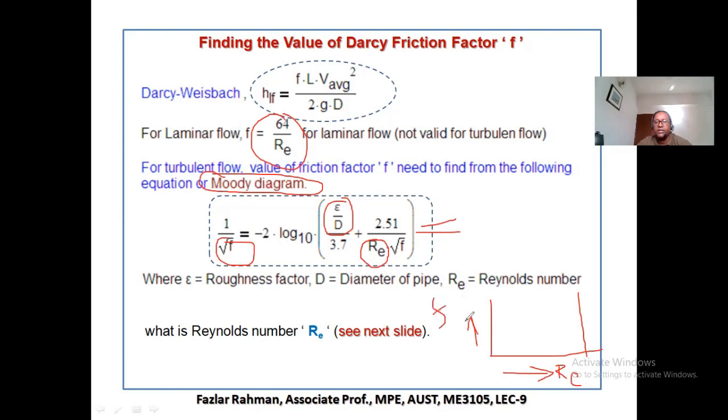And along this axis, they put this ratio, epsilon by D. And they generate some kind of graph. So if you know the Reynolds number and you know this one, say you are at this point and this point, you come right over here. From here, you come over here, and you can figure out the friction factor. We'll show you how we can figure it out.